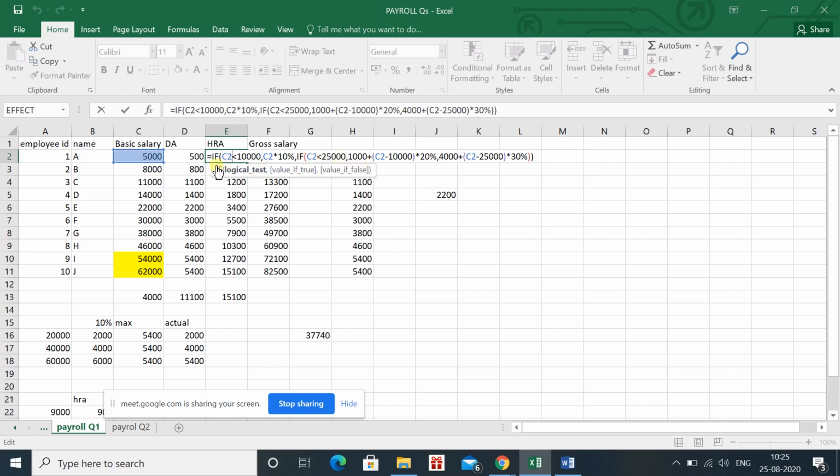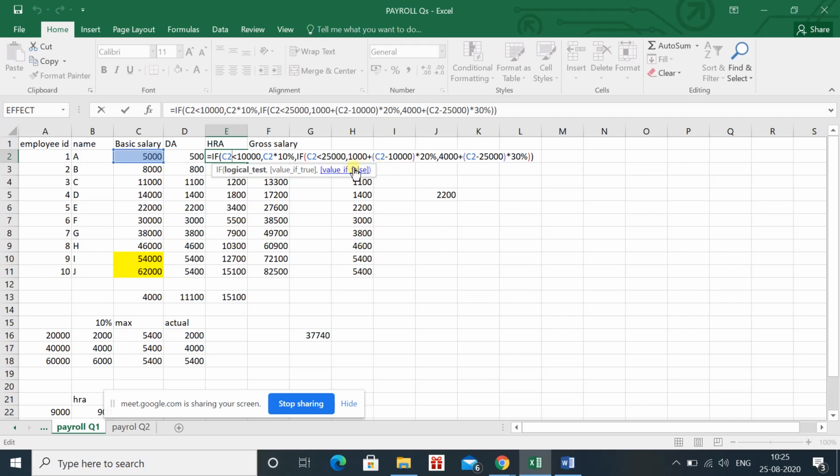So I am repeating what we are required to do. If the basic salary is less than 10,000, then calculate 10%. If the basic salary is less than 25,000, then calculate fixed 1,000 plus 20% of the value which is in excess of 10,000.